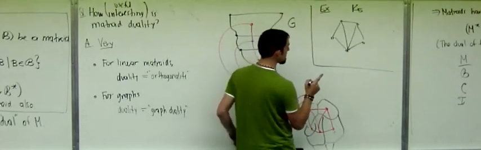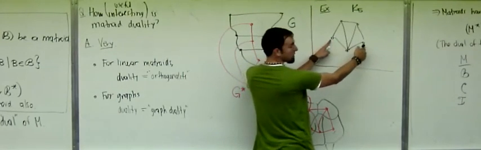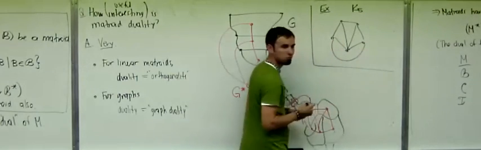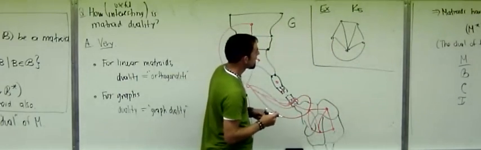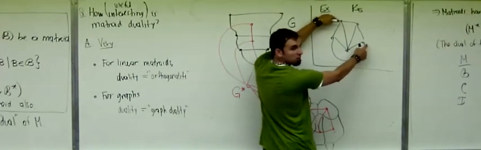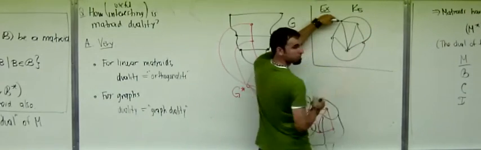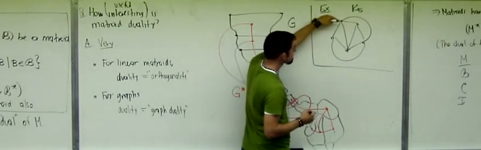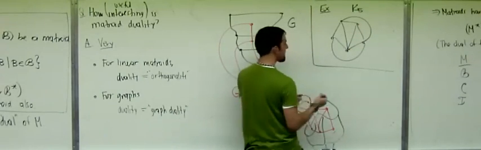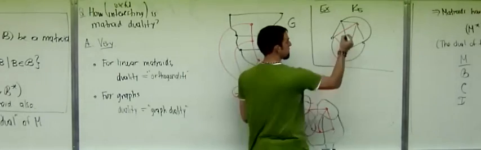Then I say, okay, I might be in trouble here. I need to join this vertex and this vertex. I can't do it through here. Well, I have to go around. So far, I'm okay. But I'm not done. I have to join this vertex and this vertex. And I can't do it through the inside, so I have to do it through the outside. And I still have to join this guy and this guy. But how do I do it? Do I do it through here? No. This doesn't work. Do I do it through here?